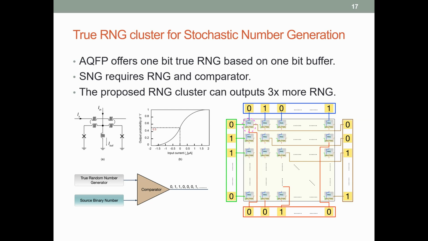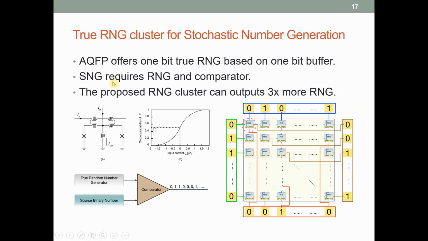Actually, for stochastic computing in CMOS, there is one big hurdle, which is stochastic number generation. This requires true random number generation, or at least pseudo random number generation. Generating random numbers is quite burdensome for the CMOS-based implementation, but it is quite straightforward when targeting the AQFP technology, because the AQFP buffers can serve as 1-bit true random number generators.